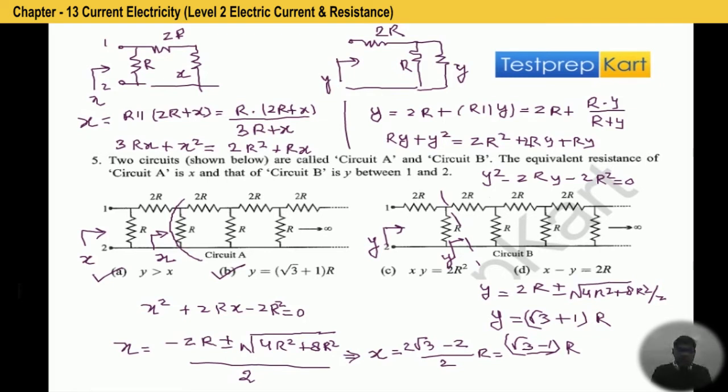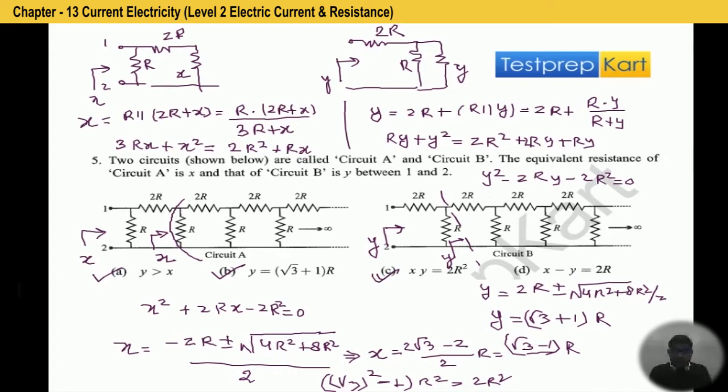So if we multiply X and Y, we'll get root 3 minus 1 into R, root 3 plus 1 into R. So this is a minus b into a plus b, that is root 3 square minus 1 into R square. So this is 2R square. So this option is also correct.